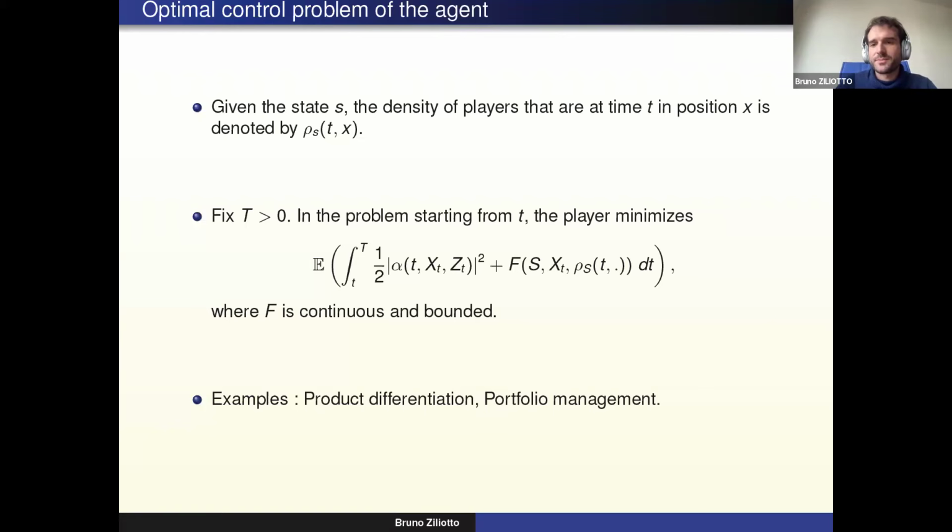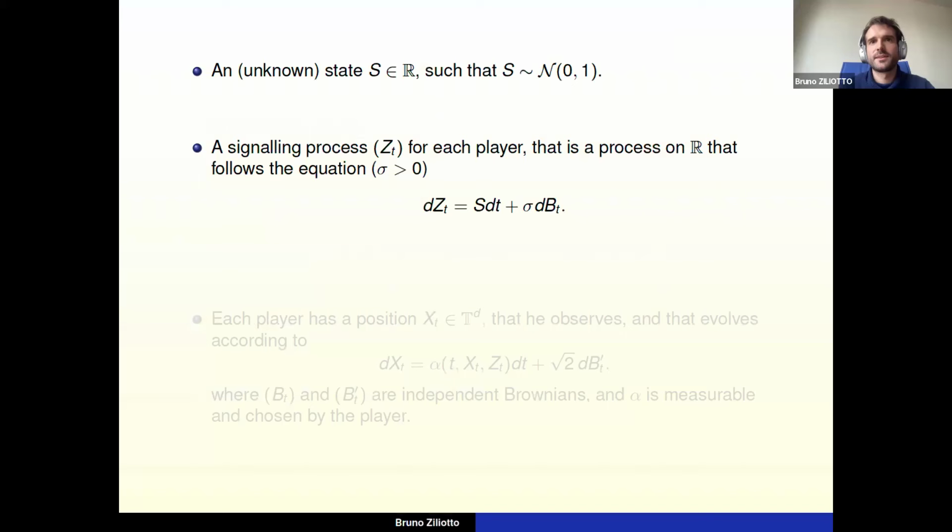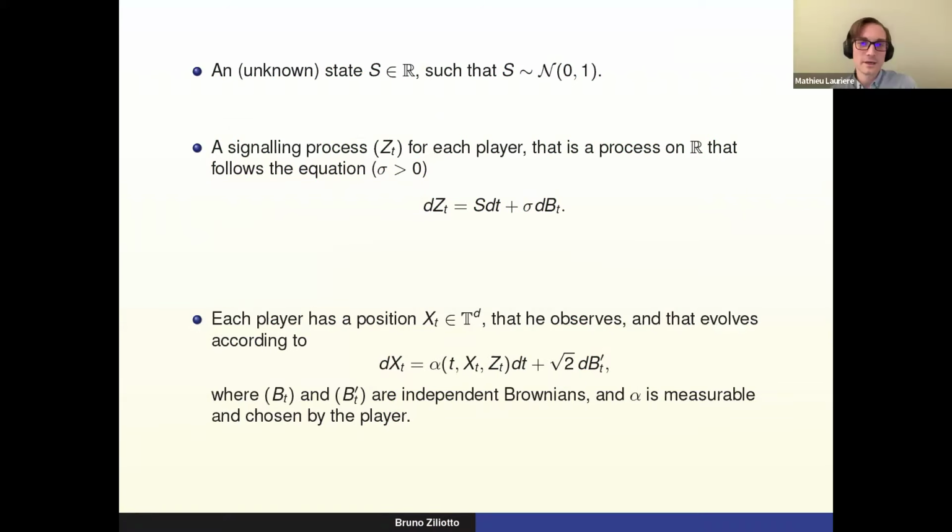Any questions? Sorry to interrupt you. Is it possible to show again the previous slide, please? Yeah. So in this one, okay, so here S is completely fixed. It influences the drift of Z. And would it be possible to take S depending on time, or in your context it doesn't make sense?